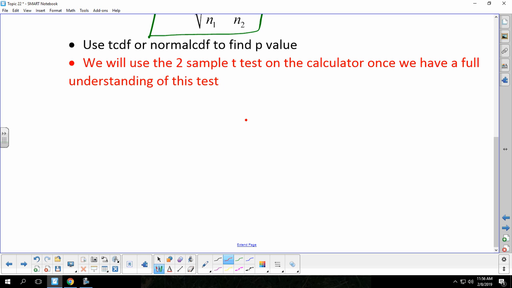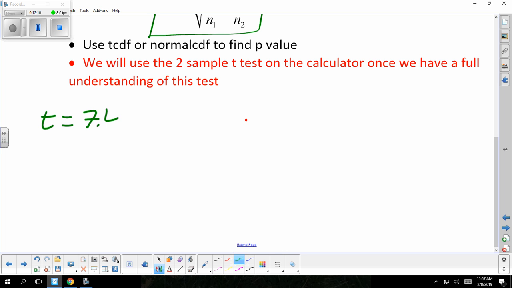Let's go ahead and report those, and then we can make our conclusions. Let's go back here, make sure it's still recording. And we are still going. So our test statistic, t equals 7.45, and we had our p-value of approximately 0.